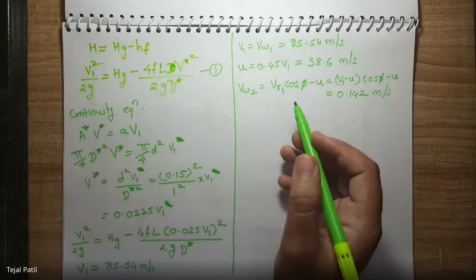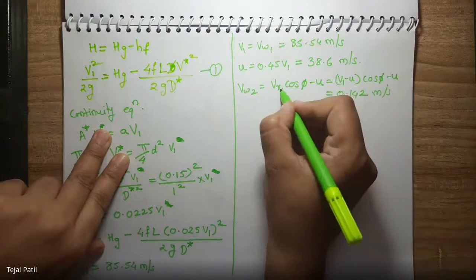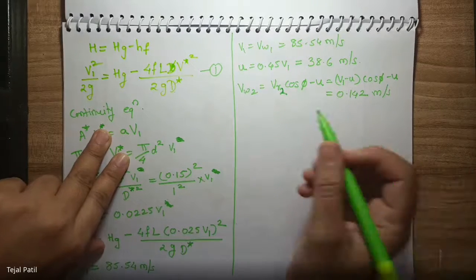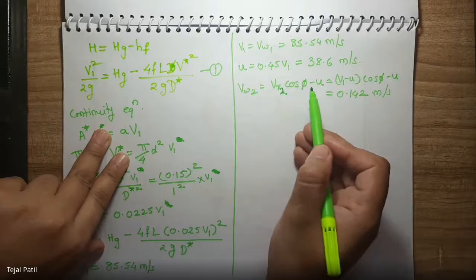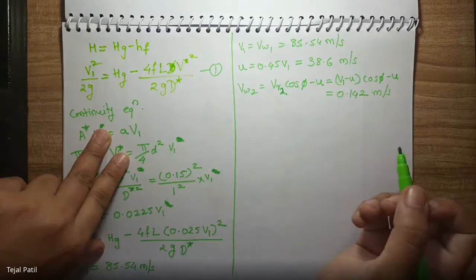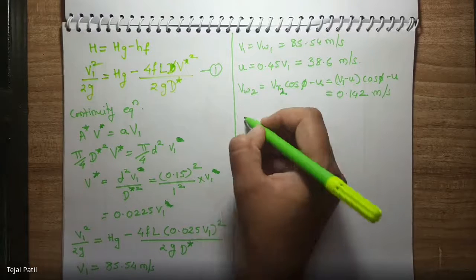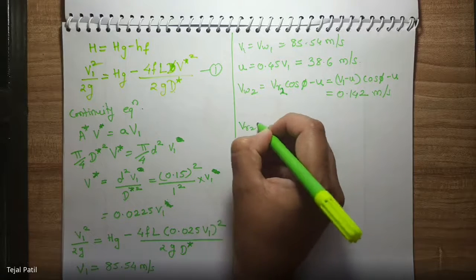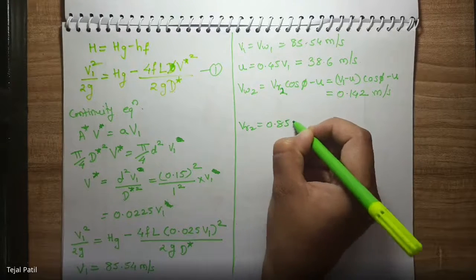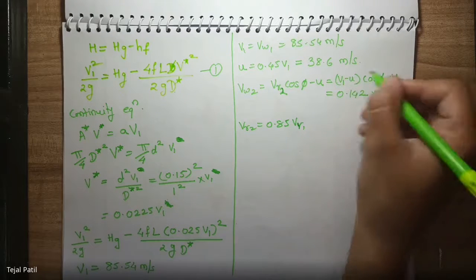Yes. We forgot one more thing. Something is given over here. This is VR2. So our formula is VR2 cos phi minus U, and VR2 is not equal to VR1 directly. The relation was given that VR2 is equal to 0.85 of VR1, right? So your formula here becomes, you have to multiply.